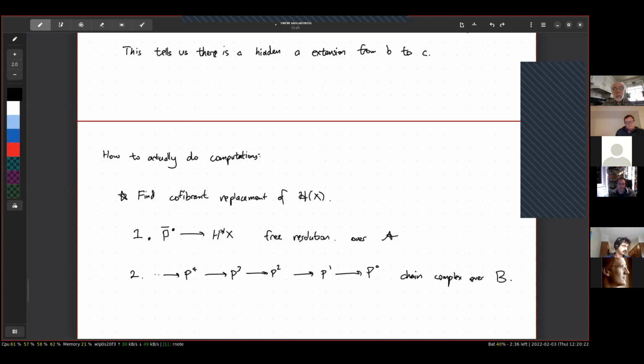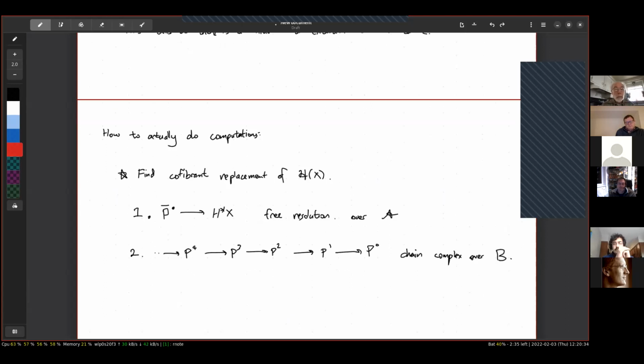If P0 bar was free on 3 generators, you just make P0 to be free over B on the same generators. And then it's a chain complex in the sense that successive compositions are homotopic to 0.